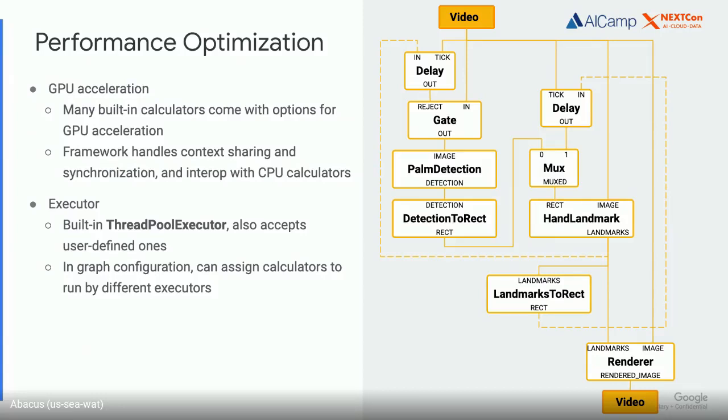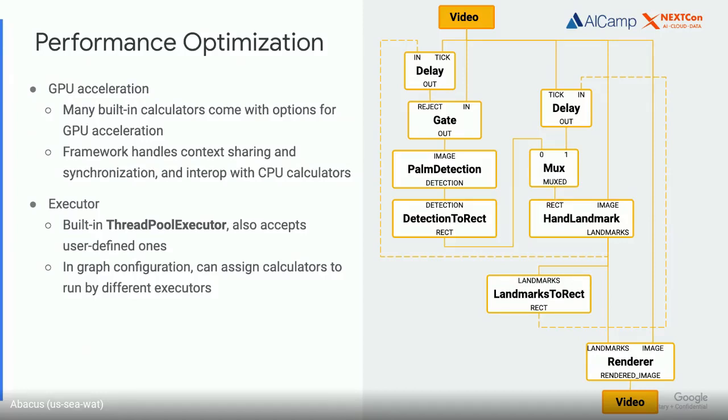Another performance optimization is executors. Each executor is basically a thread pool, which contains some processor resources, a set of cores, which may have some special characteristics. So we could create an executor that has maybe your fast processors or your high priority processors as threads in that executor thread pool.